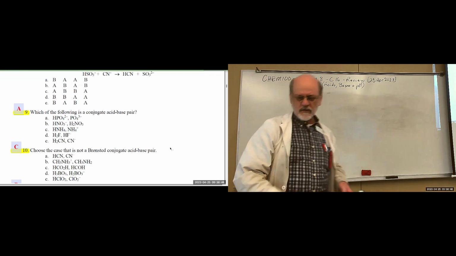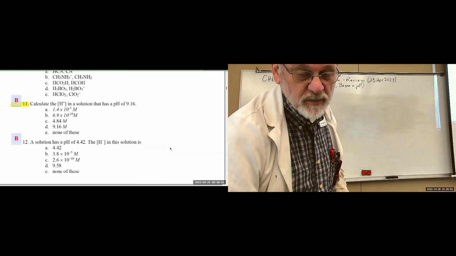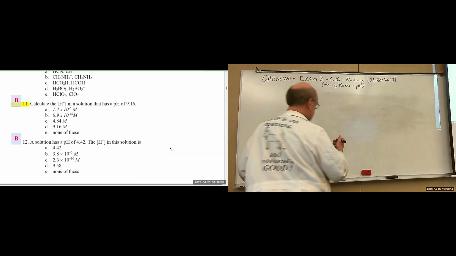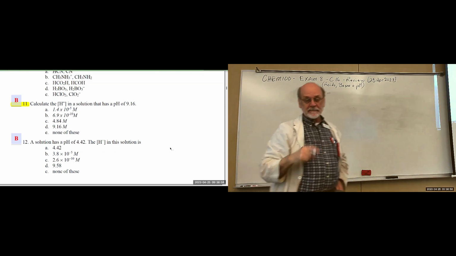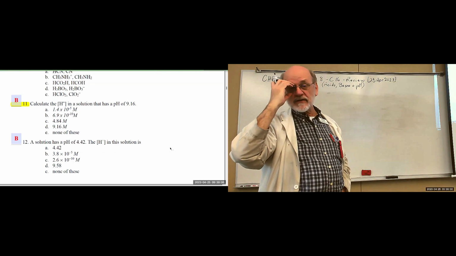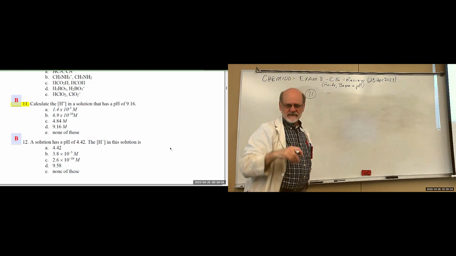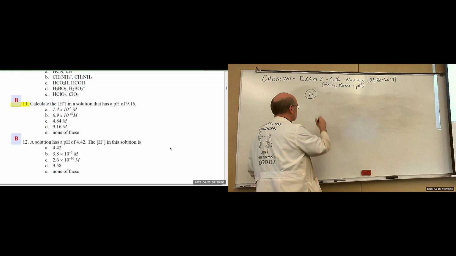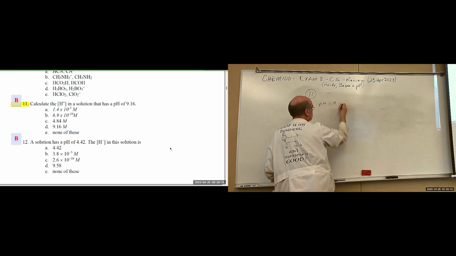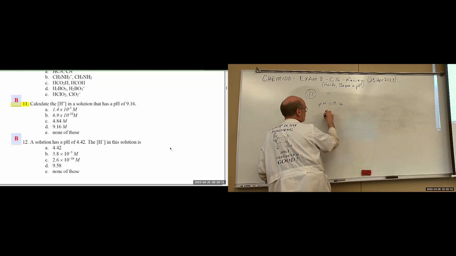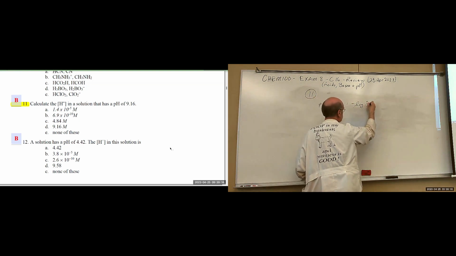Let's see, scroll again. Yeah, 11, just 11. So we'll put it up here in the middle. Calculate the hydrogen ion concentration in a solution that has a pH of 9.16. Okay, this is like the earlier one we did. If the pH is 9.16, that's equal to the negative log of the hydrogen ion concentration.